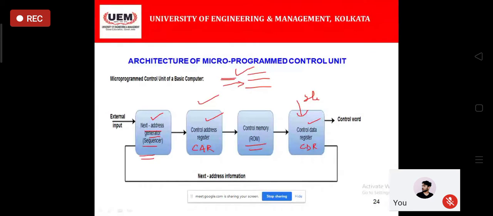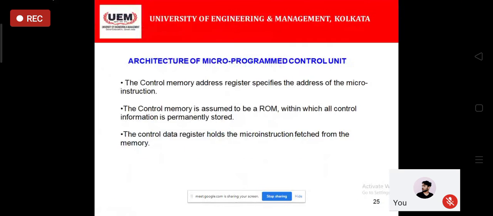So those are the basic 6 points that are given here. The control address register, that is CAR, actually specifies the address of the micro instruction. I told you the control memory is ROM, which stores all the information permanently, and the control data register, that is CDR, actually holds the micro instructions obtained from the memory after fetching, whatever is stored in this CDR.